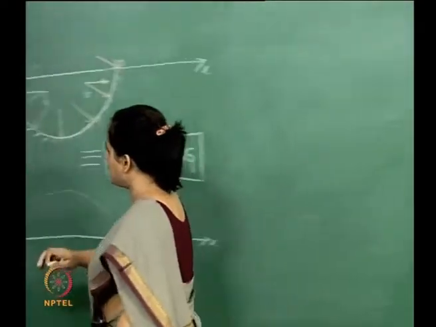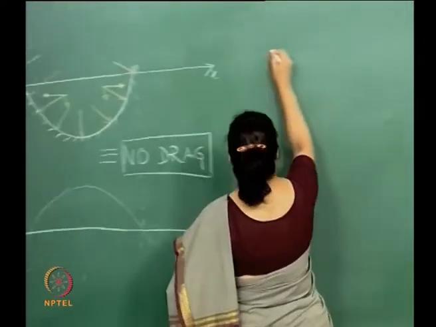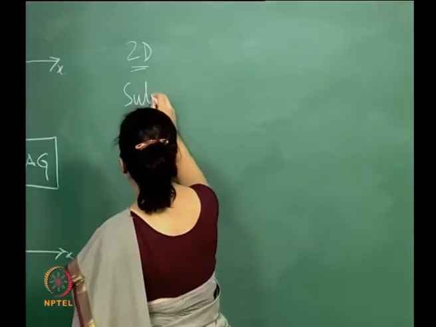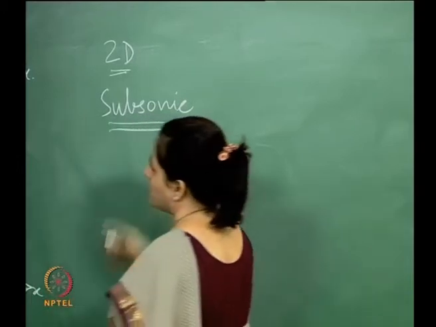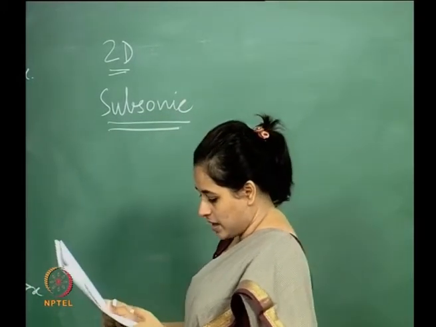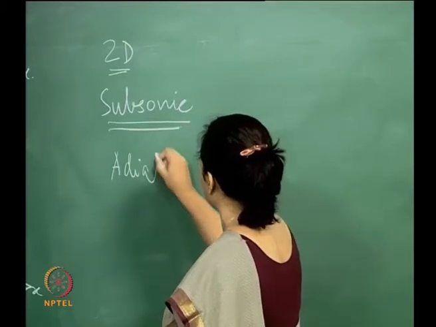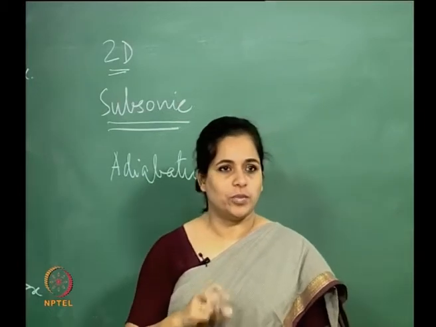So, now let us see what this means to us. What we have studied here is 2D. We have said subsonic, adiabatic of course. We have used a velocity potential, right.